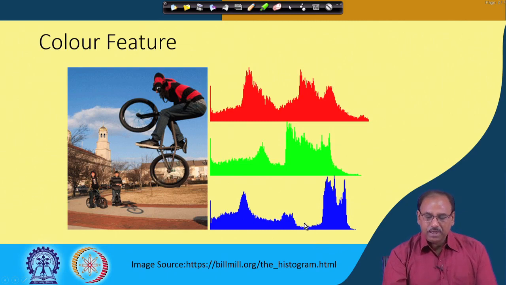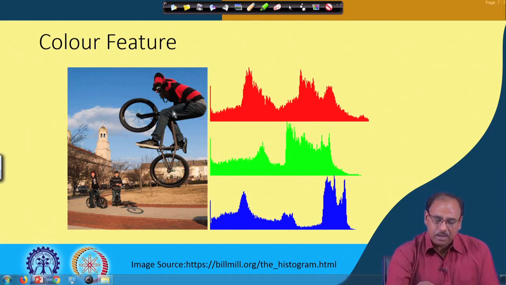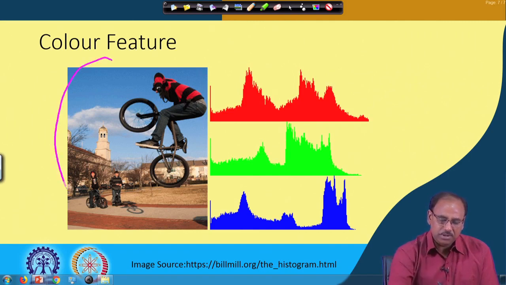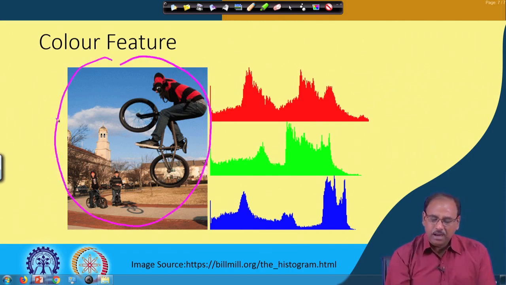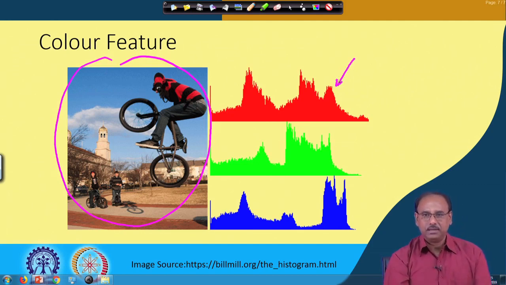Similarly, if I have a color image, as we said earlier, for color images we have three different planes: one is the red plane, the other is the green plane, and the third is the blue plane. Here in this color image, if I take the histogram of the red plane, the histogram shape is something like this.